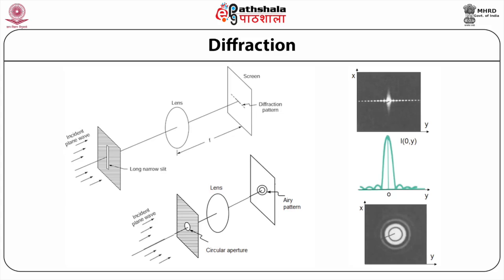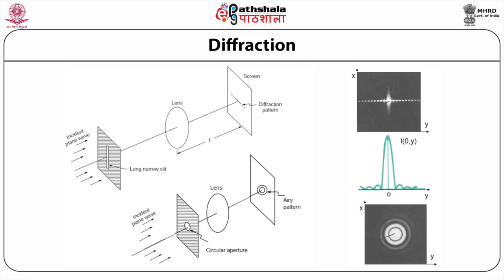You see a very intense pattern of light in the center, and around that you see a nice pattern, created by interference between light waves getting diffracted from various corners of the slit or the circular aperture.